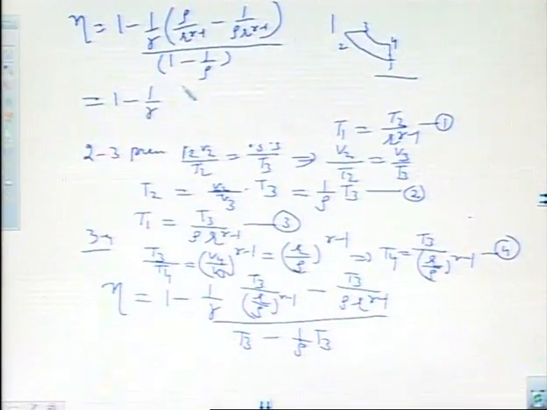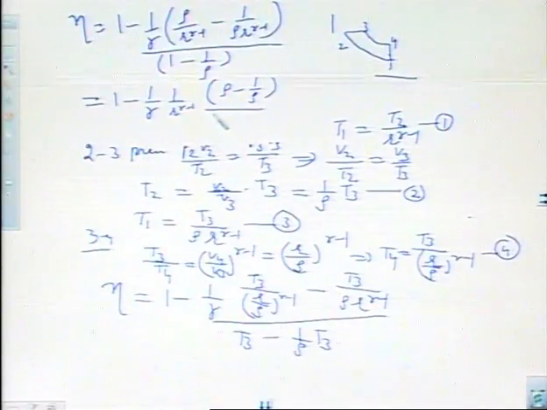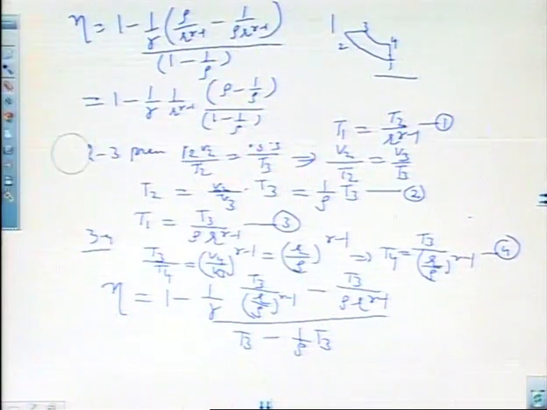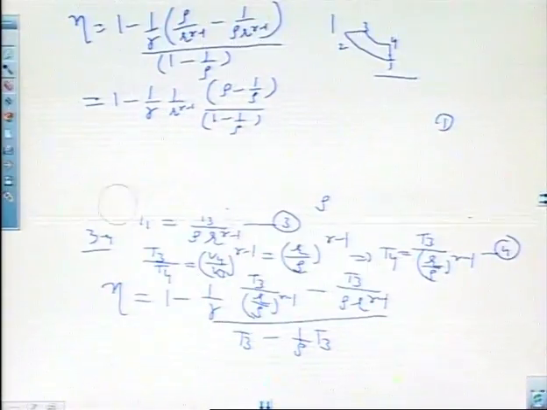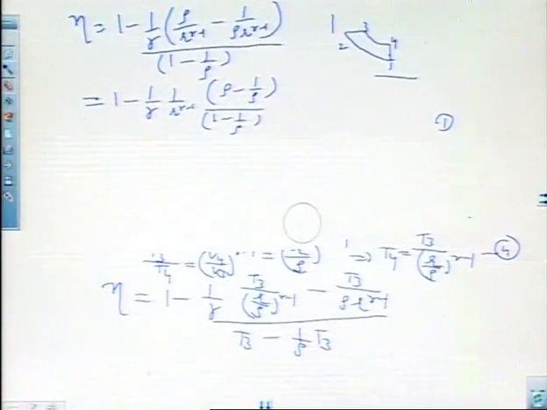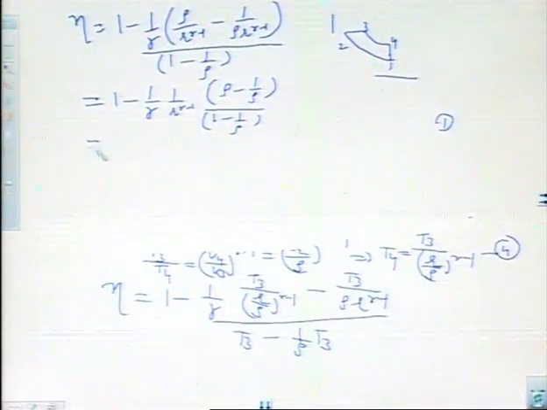Again you take this term outside, R gamma minus 1, this is equal to rho, 1 by rho divided by 1 minus. So, we can write it like this, 1 minus 1 by gamma divided by R gamma minus 1.